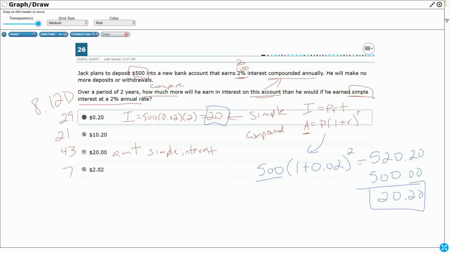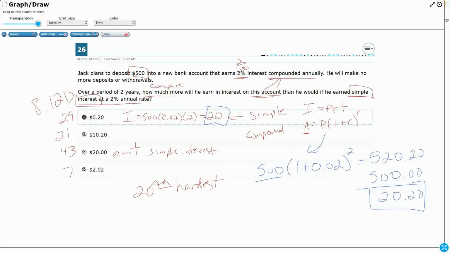Simple interest is in the question. So if you're just looking at simple interest, then $20 is right there. So this is as much of a reading problem as it is a math problem, to make sure we're making full sense of the situation. This was definitely on the harder side. This was the 20th hardest item on the test, so kind of right in the middle of a 40 item exam.